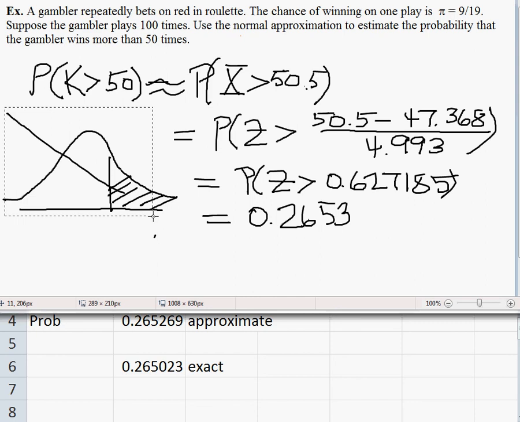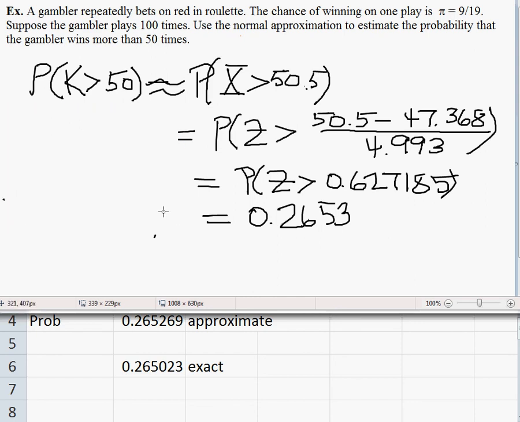Let me get rid of the picture here. In my problem here, n was equal to 100. That was more than 30, so that part of the assumptions was satisfied. N times pi, the average, worked out to be about 47.3, and that was plenty more than 5.